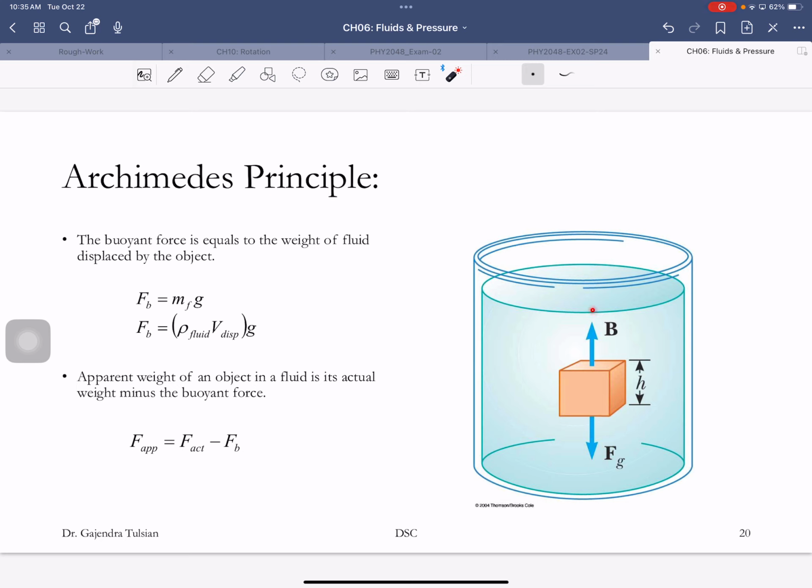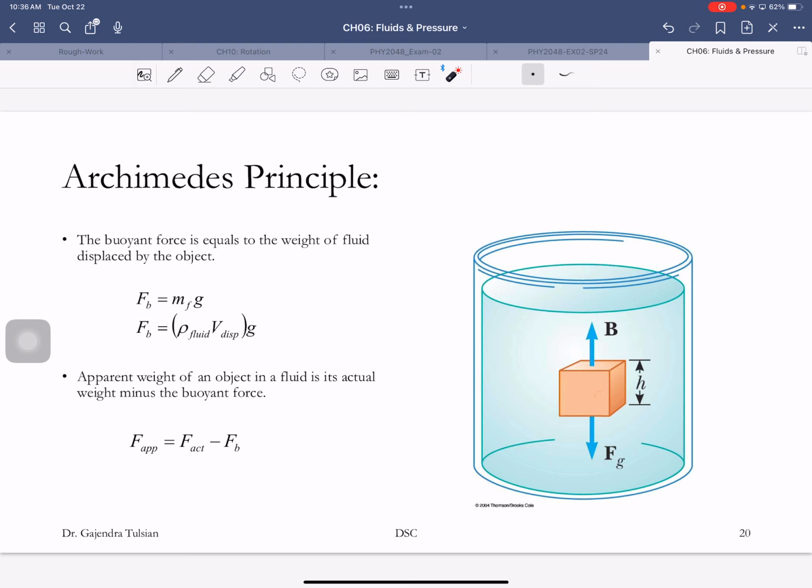The buoyant force is equal to the weight of the fluid displaced by the object, and there's the fluid density. This is the weight of the fluid displaced. The apparent weight of an object in a fluid is the actual weight minus the buoyant force.